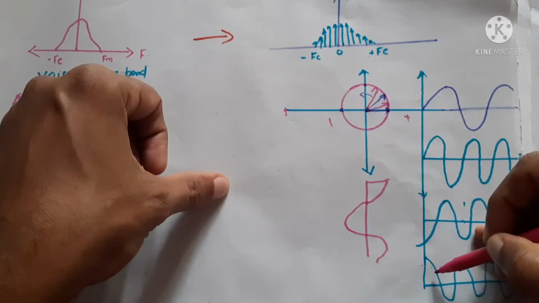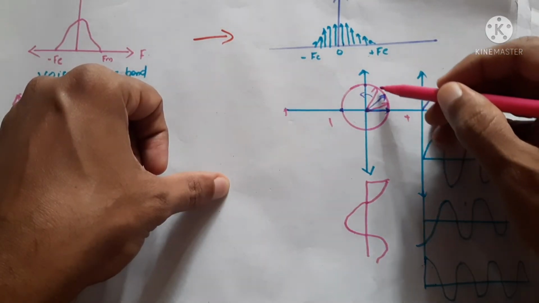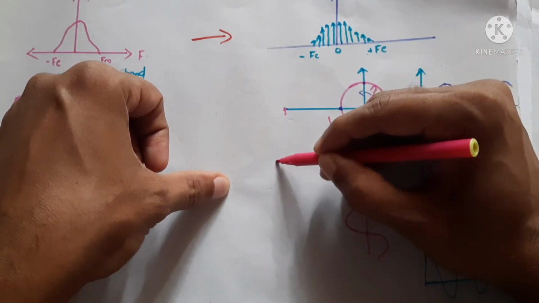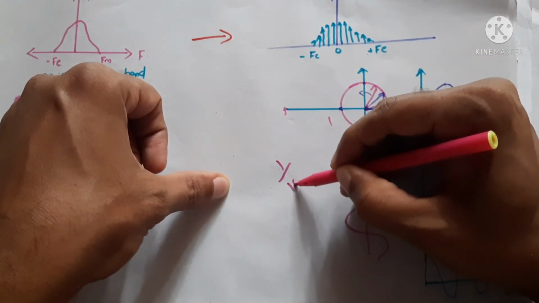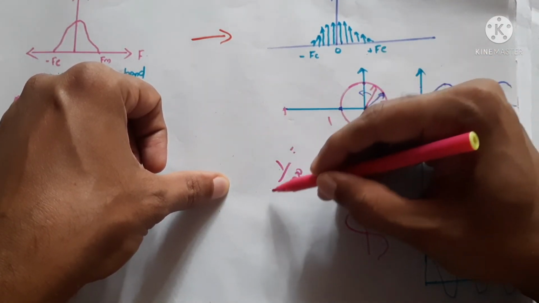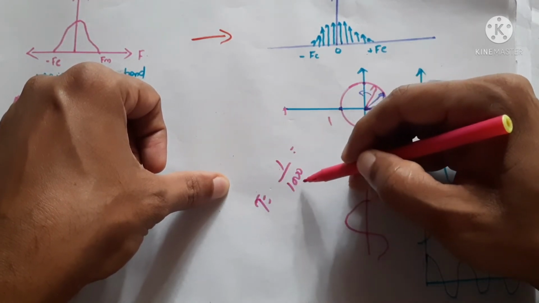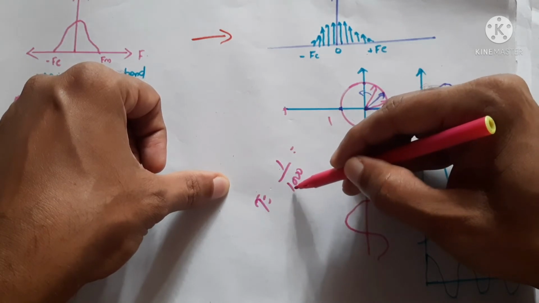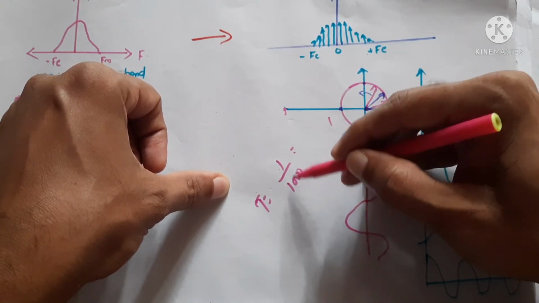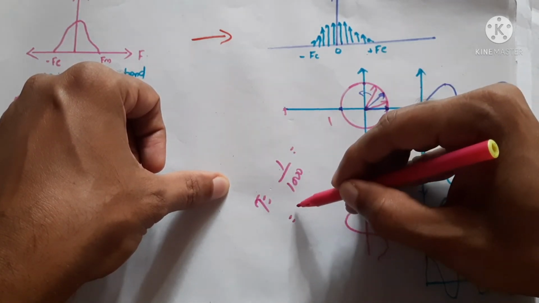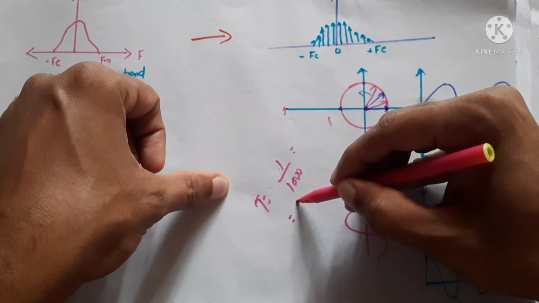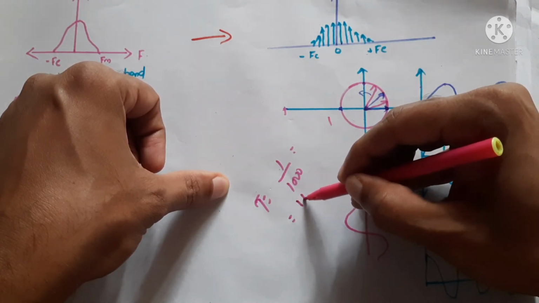We say that this is a 1 kilohertz signal. This is rotating 1 kilohertz, which means the time is 1 by 1000. Time is 1 by frequency. 1 kilohertz means 1000 hertz, and 1 by 1000 is around 1 millisecond.